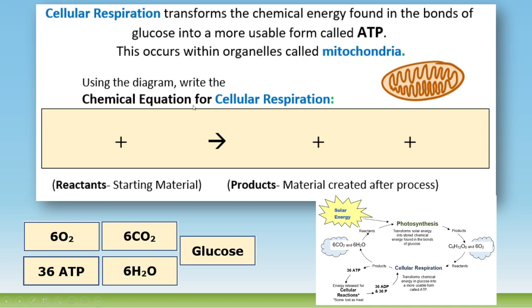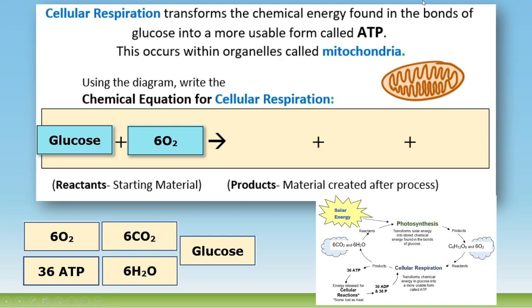So let's write down our chemical equation for cell respiration. So you're going to take glucose, so write that in. Glucose. Under that, go ahead and write down the molecule, so that's C6H12O6. So plus 6O2, six oxygen molecules.